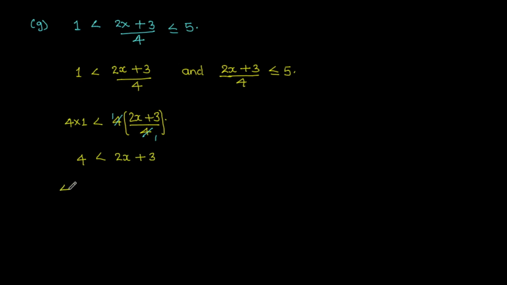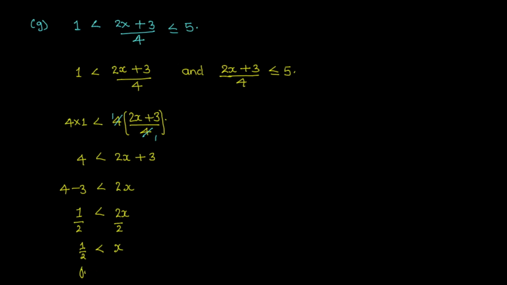Collecting like terms, we have 4 minus 3 is less than 2x. Simplifying this results to 1 is less than 2x. Dividing both sides by 2, we have here a half is less than x. If you wish, you can say 0.5.